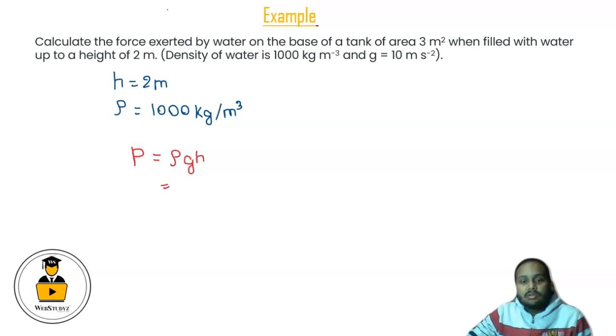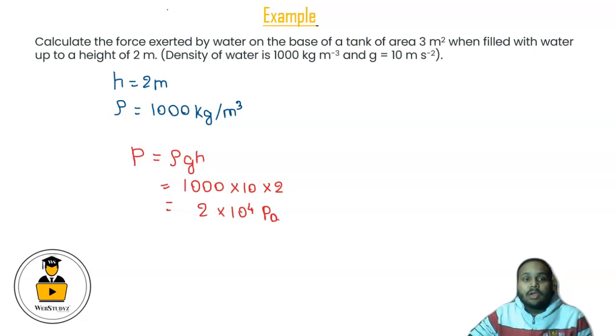Just put the values. We have 1000 into g's value, that is 10, into h is 2. Fine. So, if we calculate all these, we are going to get 2 into 10 to the power 4, and the unit of pressure is Pascal.